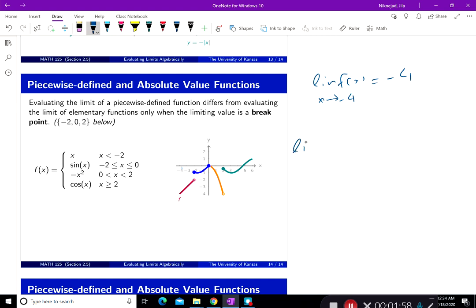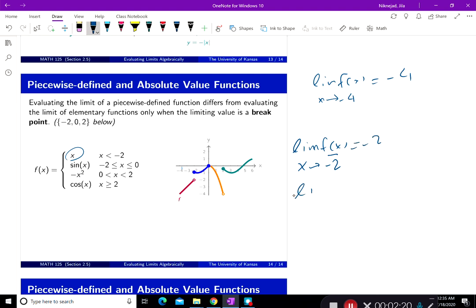So the limit of f of x as x approaches, let's say, -2 from the left is going to be direct substitution into the rule of the elementary function directly to the left of it. So that would be -2.